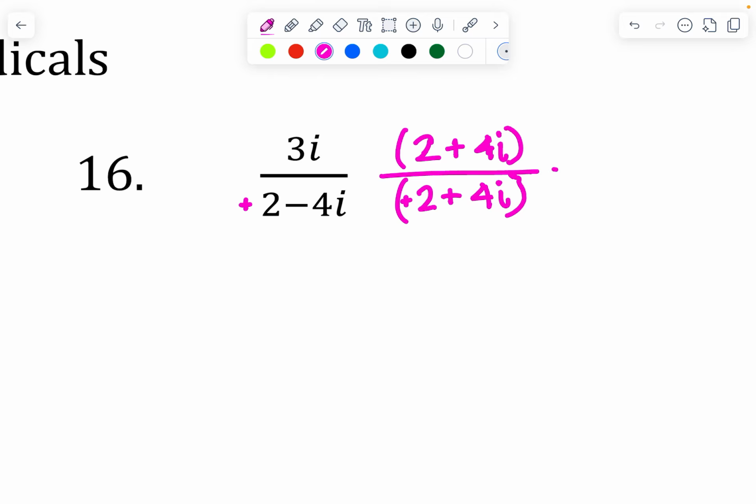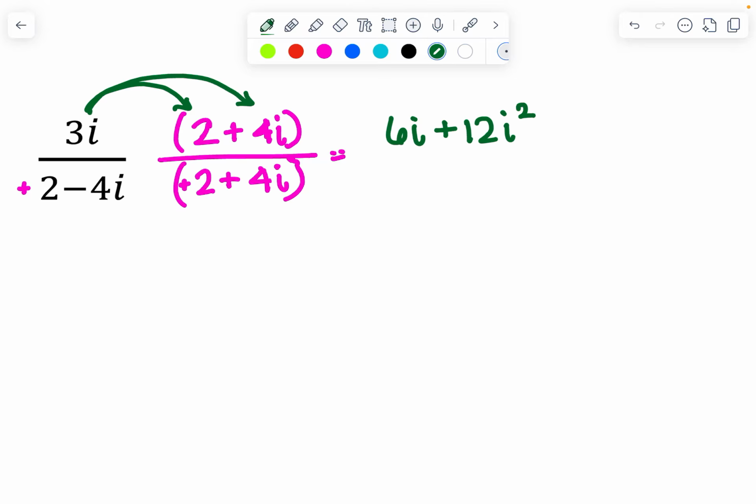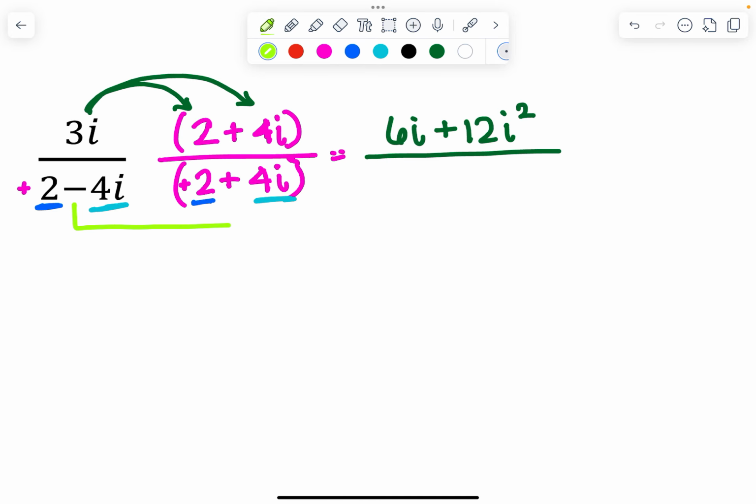Here we go. Apply the distributive property. You have a 6i plus 12i squared. Take care of your math. Over here, remember what I taught you. Same, same, same, same, opposite.